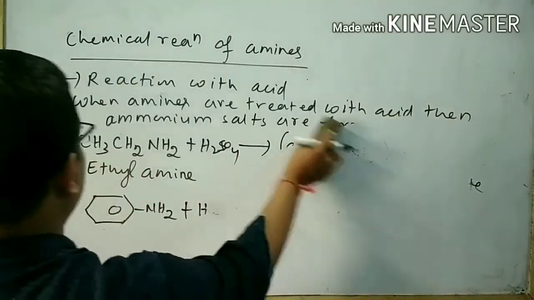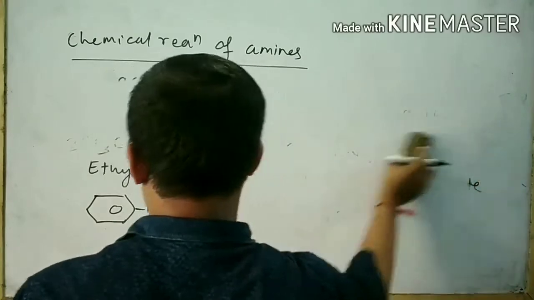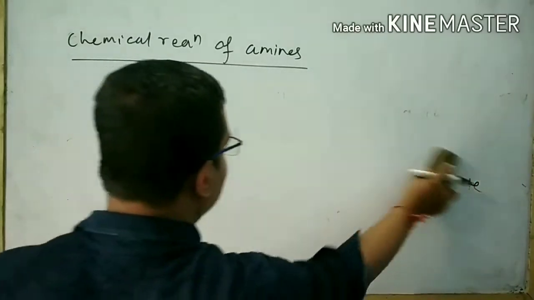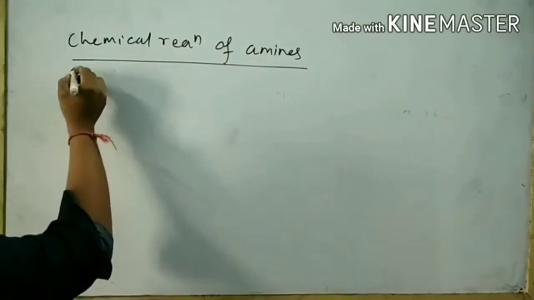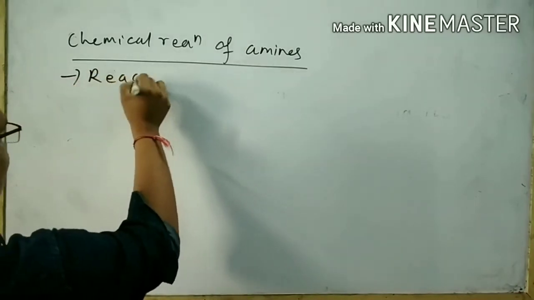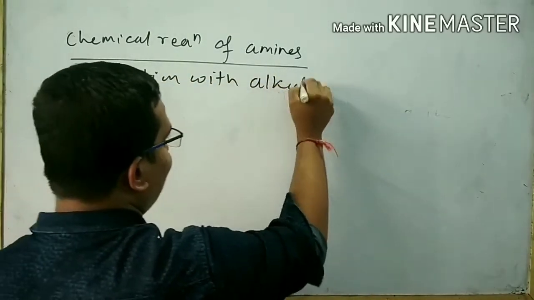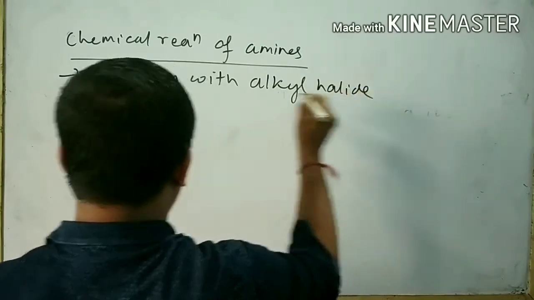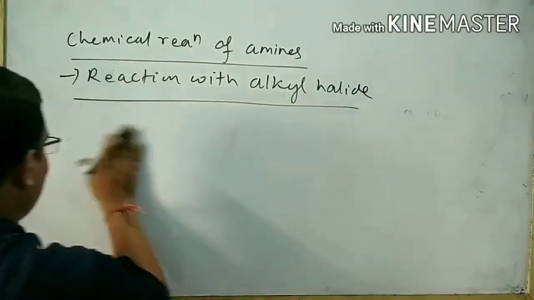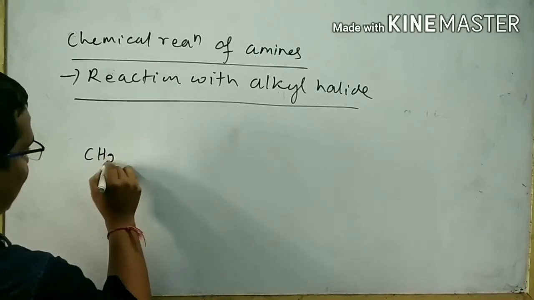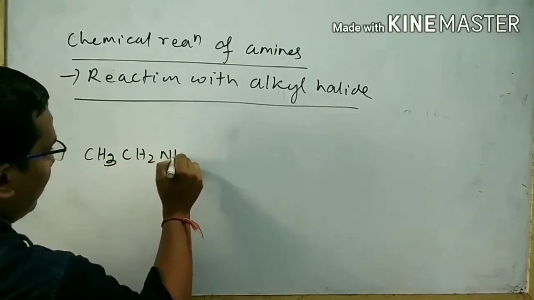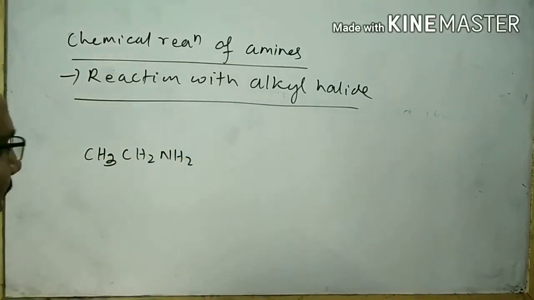Next I will discuss another reaction, that is the reaction with the alkyl halide. Take the primary amine CH3CH2NH2. The name of this primary amine is ethylamine.